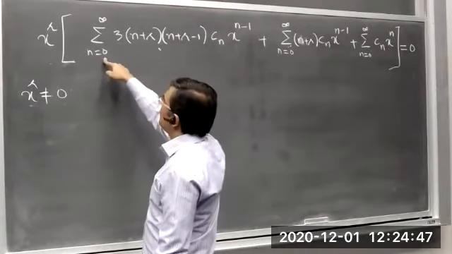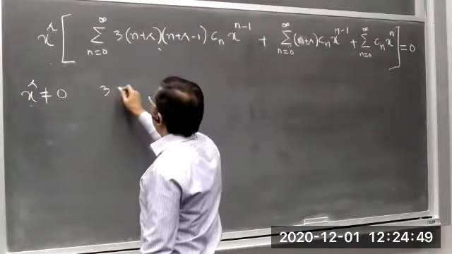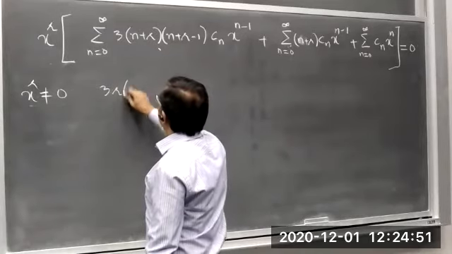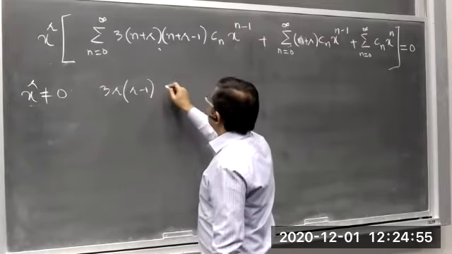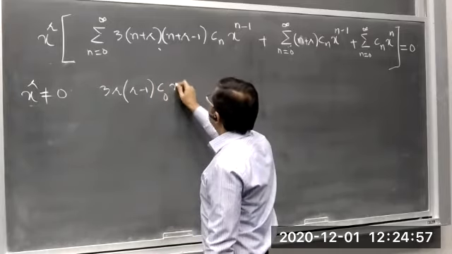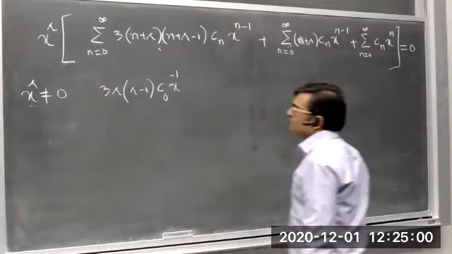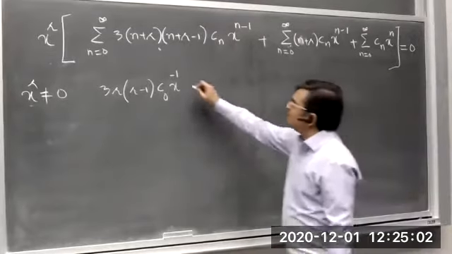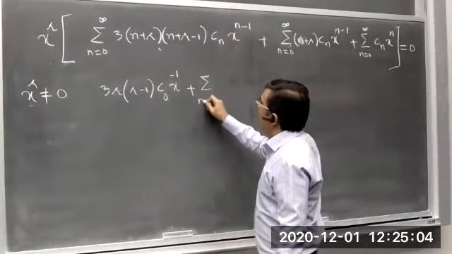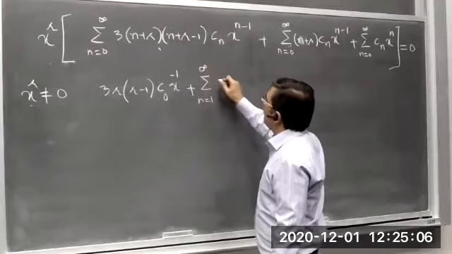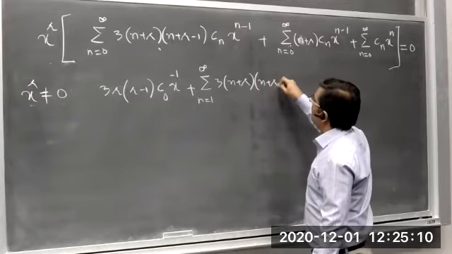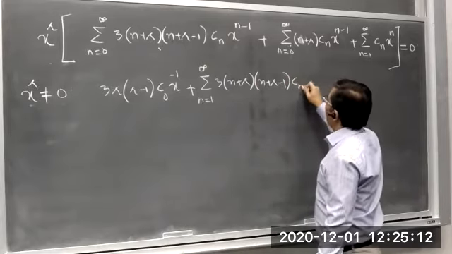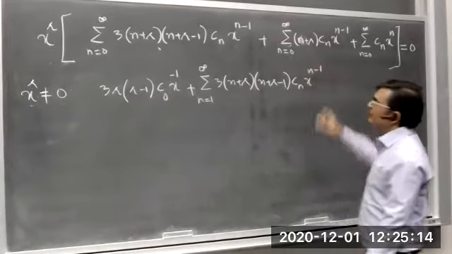When we put n equal to 0 here, we obtain 3r and then r minus 1, c0 x power minus 1, plus now the summation n from 1 to infinity, 3 n plus r, n plus r minus 1, cn x power n minus 1.